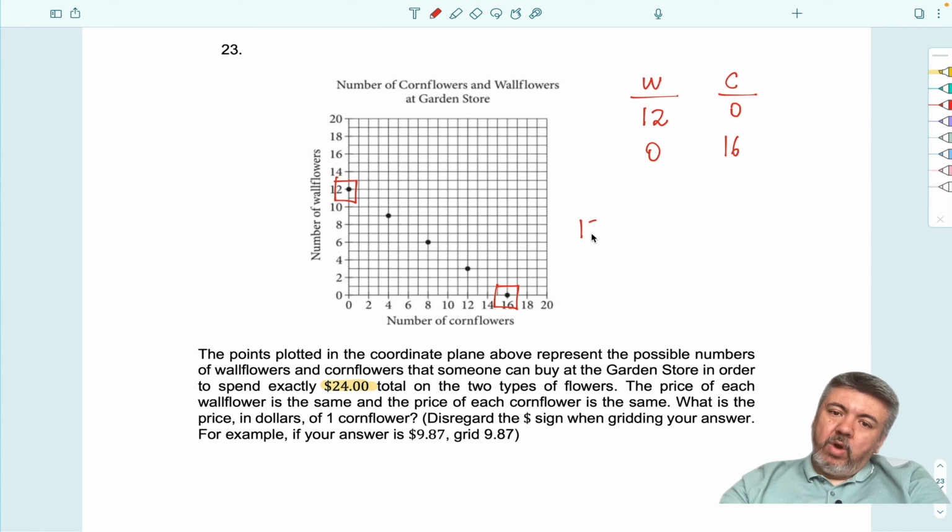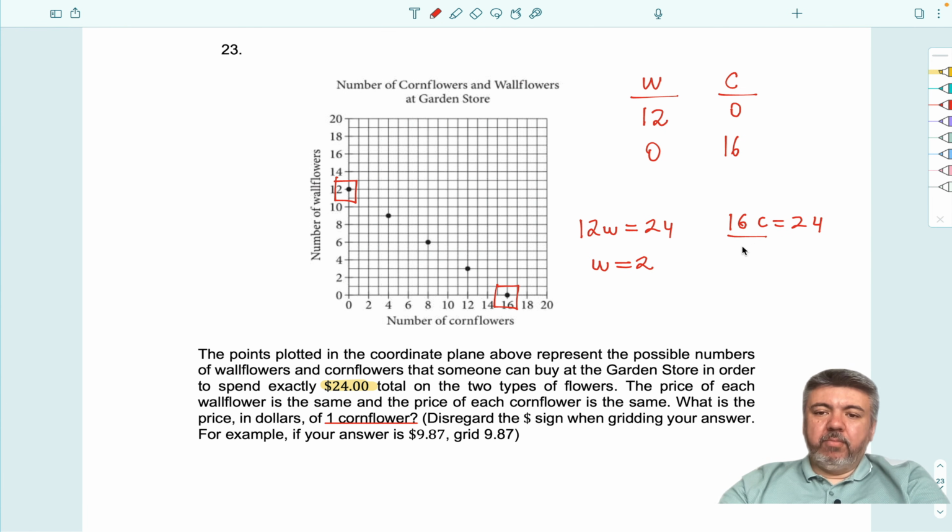So 16 cornflowers is $24. Divide both sides by 16.